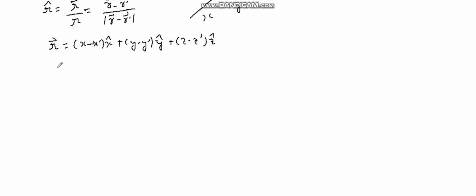And the magnitude can also be written. Let me remind you once that the magnitude can be obtained by taking the dot product of the same vector. So we can just do R dot R, which gives the square of the summation of each of the components.